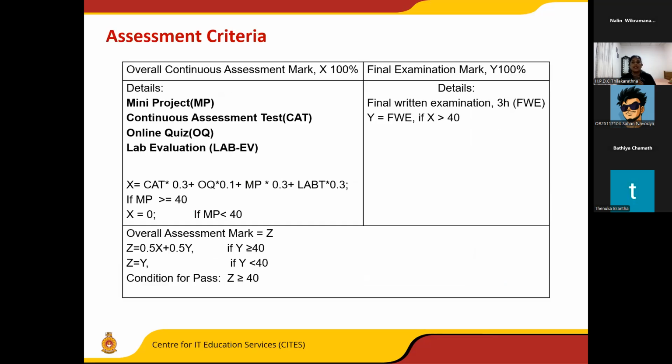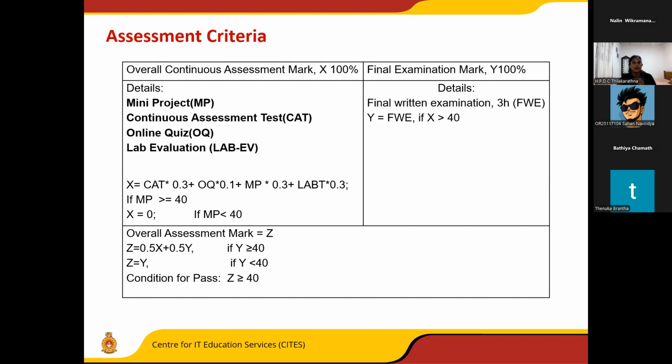So when we discuss the assessment criteria, there are 4 assessment components you have to face: mini project, continuous assessment test, which is called CAT, online quiz and lab evaluation. So as I mentioned before, 2 lab evaluations will be done on site, and 1 will be done online.